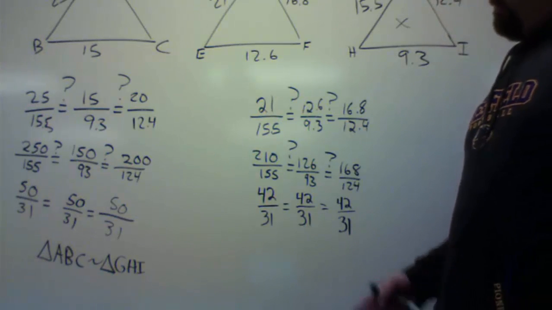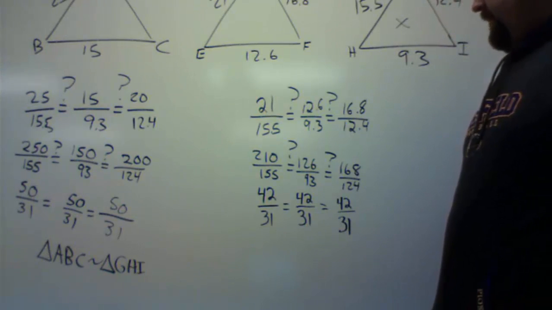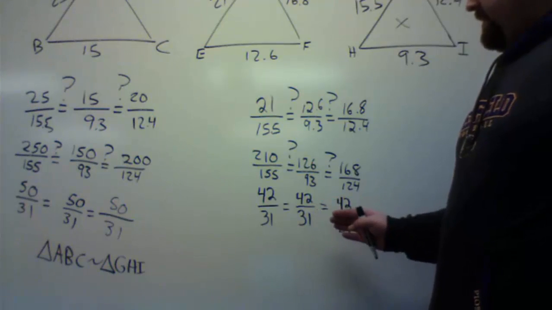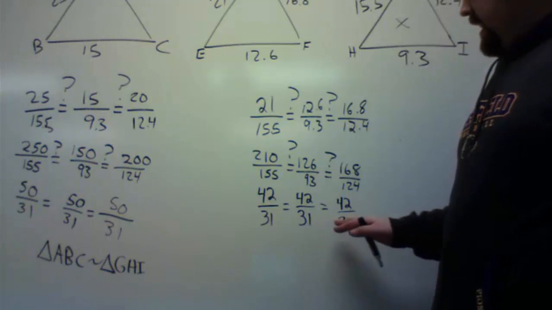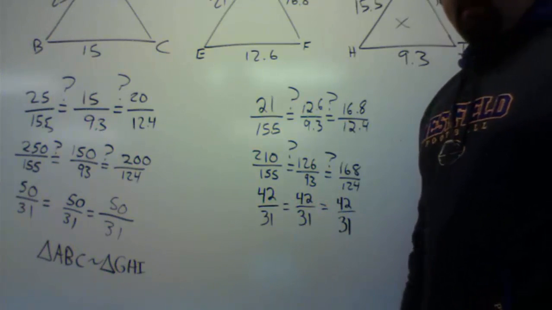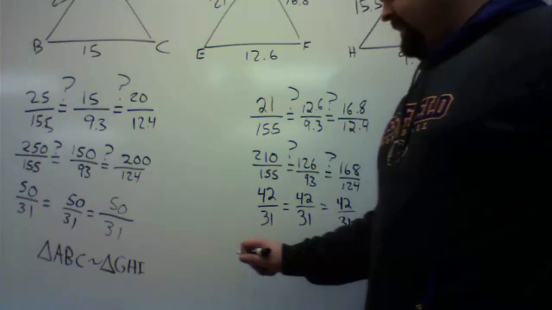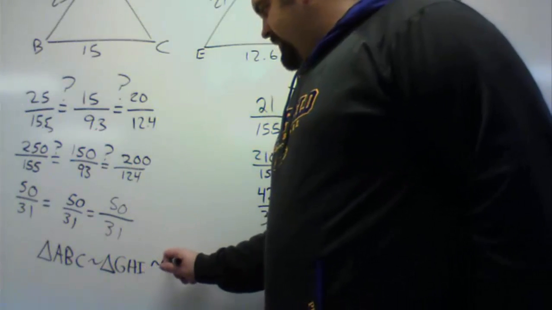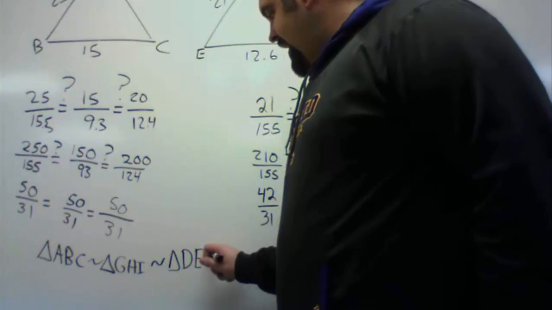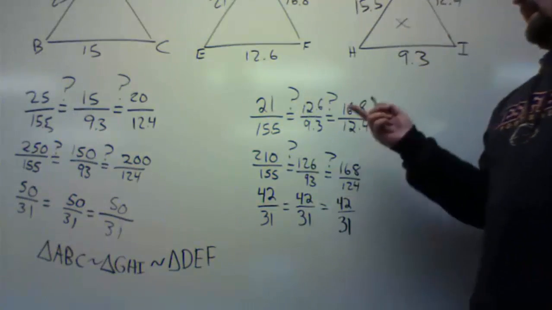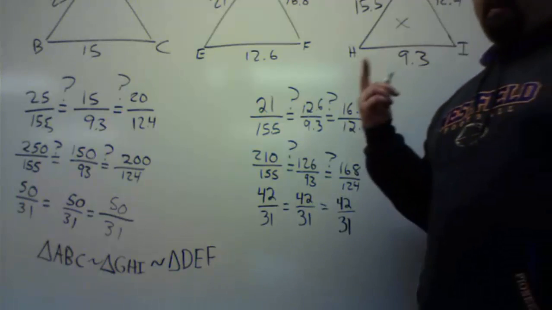Whoops. In reality, though, what should have happened was I should have made a mistake in one spot, or one of these wouldn't have worked. You would have gotten at least one of these ratios to not be the same. In this case, it ends up being that all 3 are similar. It was not intentional, and I'm glad I checked because somebody might have asked, "Hey, I found triangle DEF to be similar."